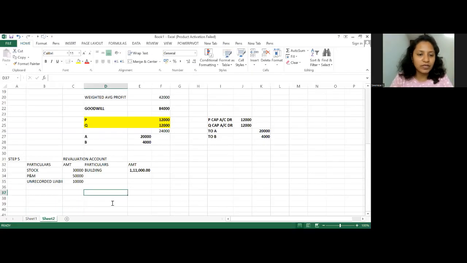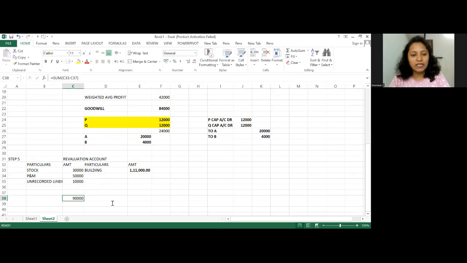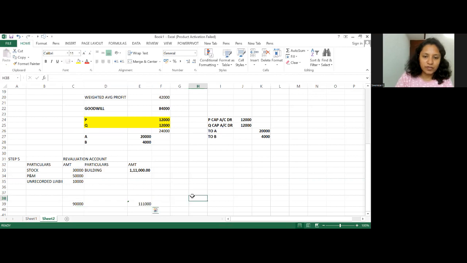So what we have to do here is first we have identified the changes in the asset on account of revaluation. Now we have to identify what is the profit or loss. So here there is a difference of 21,000.